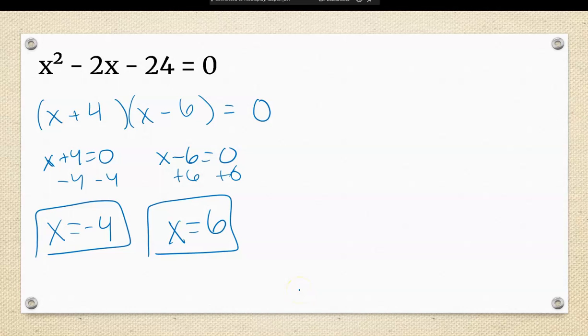If I were to ask you to sketch this, say that's negative 4, say that's 6, that is not pretty. But that's essentially what we're finding. We're finding where it's crossing the x-axis. We're finding your solutions.